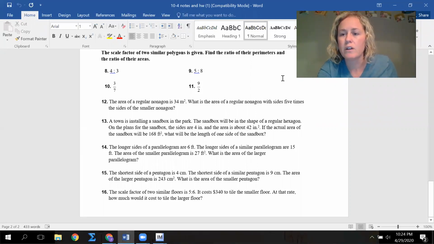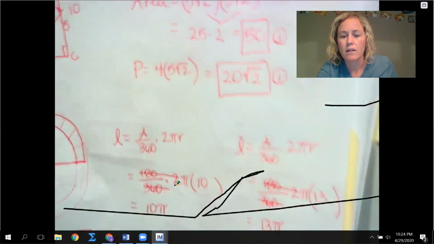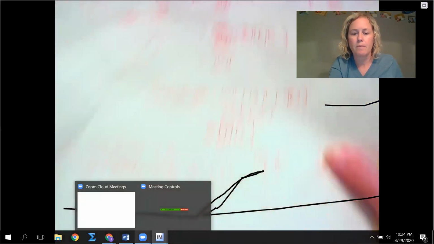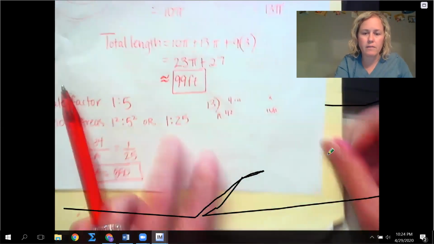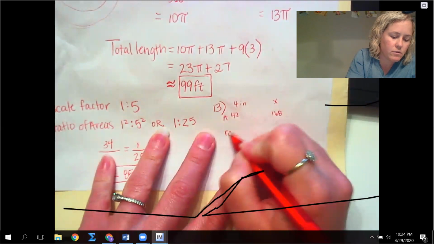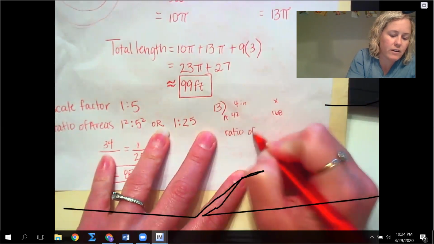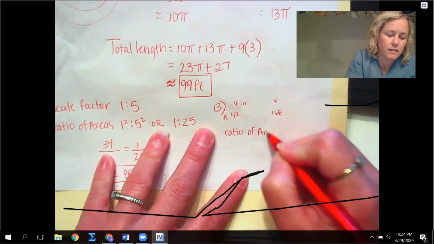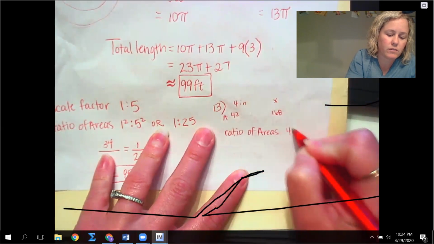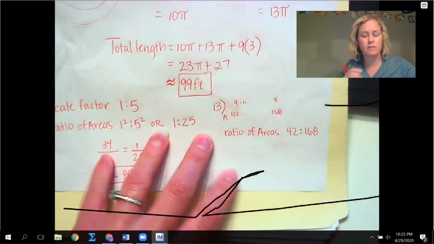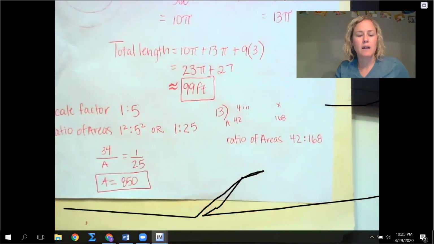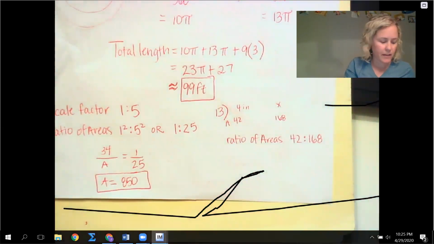Okay, so we need to remember, the ratio of areas is 42 to 168. Those are the areas they gave us. I am first going to simplify that.